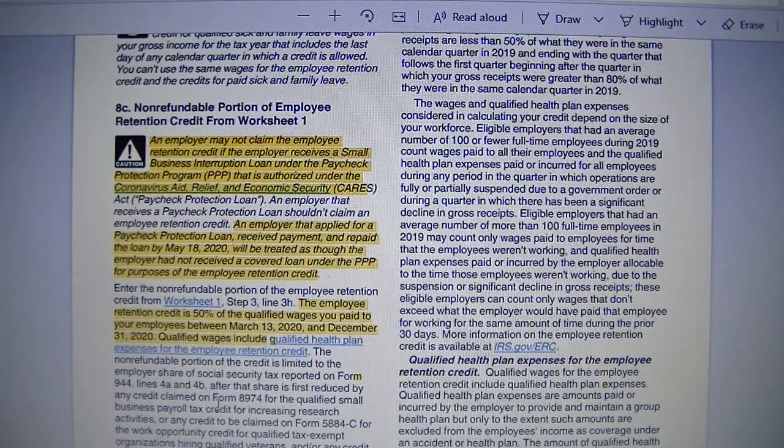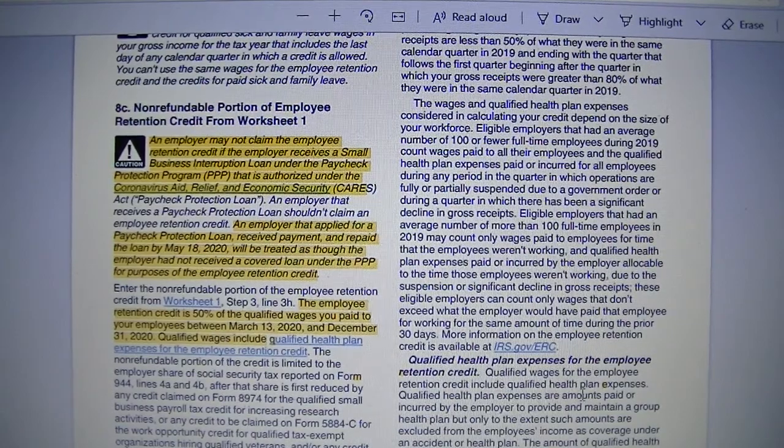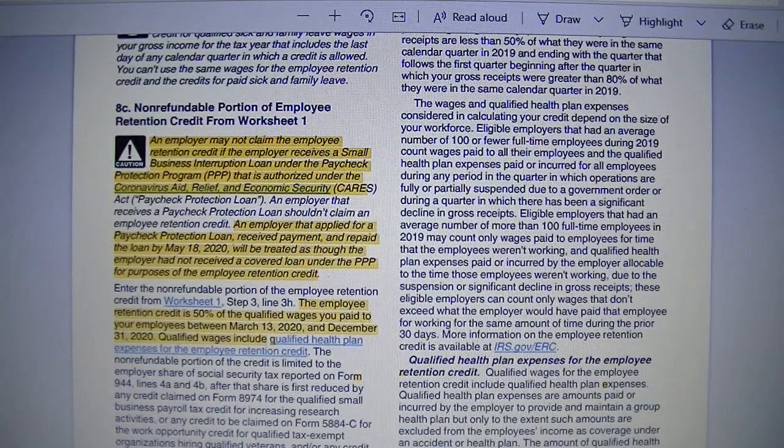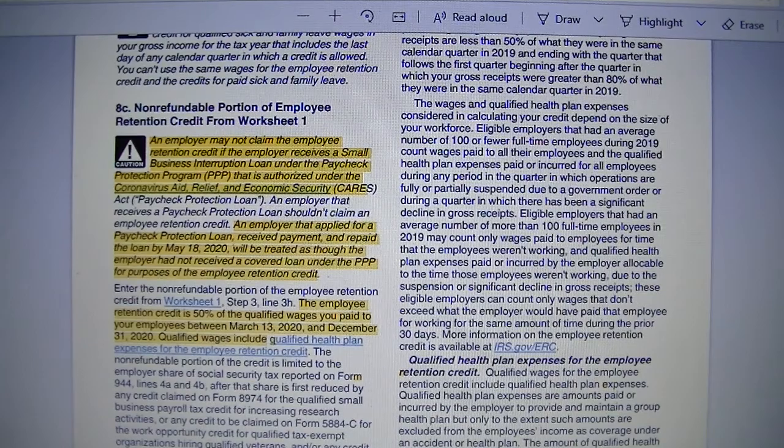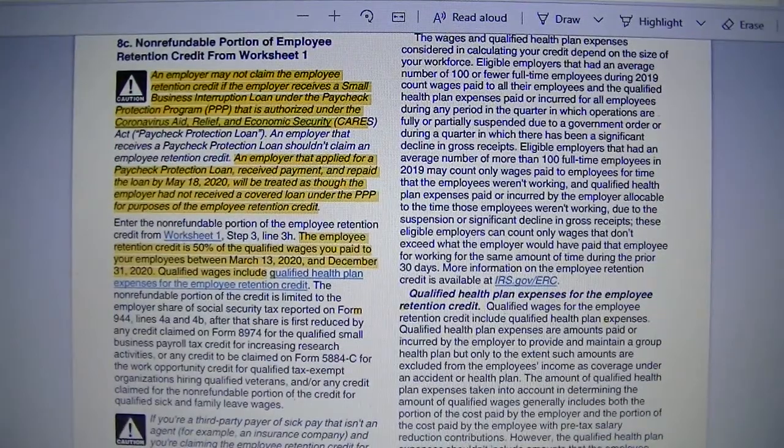Any part that is not claimed under the non-refundable part of the Form 944 will be claimed on line 10 at the bottom of the form as refundable credits.